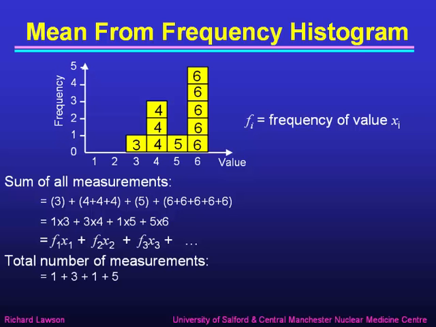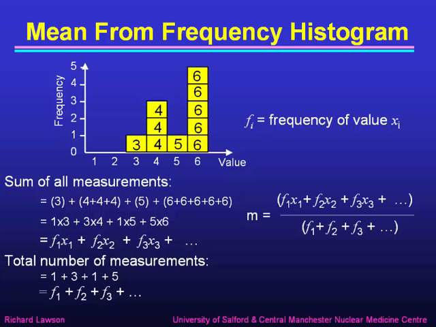We also want to know the total number of measurements. Well, clearly there was one block of 1, a block of 3, another block of 1 and a block of 5. But we can just write that as the sum of the frequencies, f1 plus f2 plus f3, adding up the heights of all of those blocks. So if we remember that the formula for the mean was the sum of the measurements divided by the total number of measurements, that means the mean must be f1 x1 plus f2 x2 plus f3 x3 and so on, divided by f1 plus f2 plus f3 and so on.